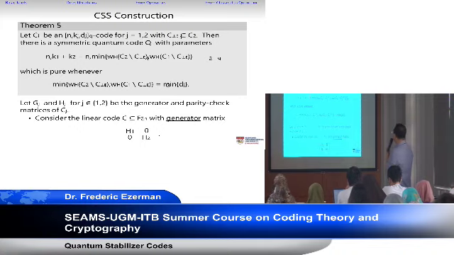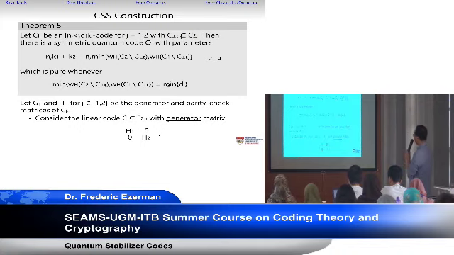So, Calderbank, Shor, and Steane. Here you have a pair of codes, and they are nested. You can think of it as C inside D, but if you want to use the inner product, then you write it this way. You take a code, and then you take the dual under the Euclidean inner product, and if it is inside another code, then you can use the CSS construction.